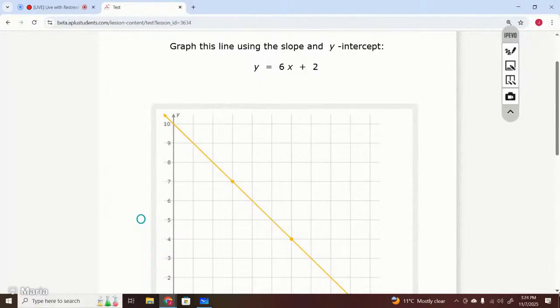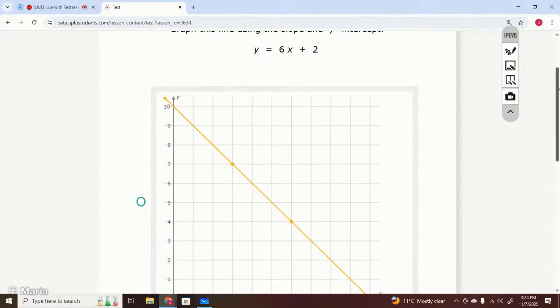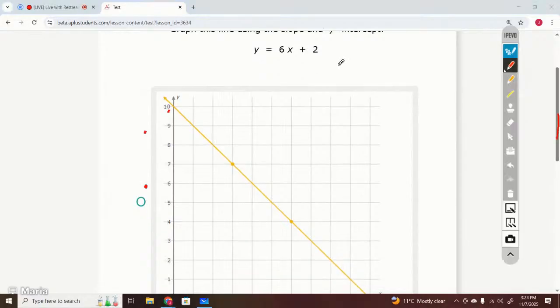Graph the line y equals 6x plus 2. Calculate the 2 points first, right? The first one is the y-intercept. Put x equals 0 in the equation. So when x equals 0, 6 times 0 is 0, y equals 2.